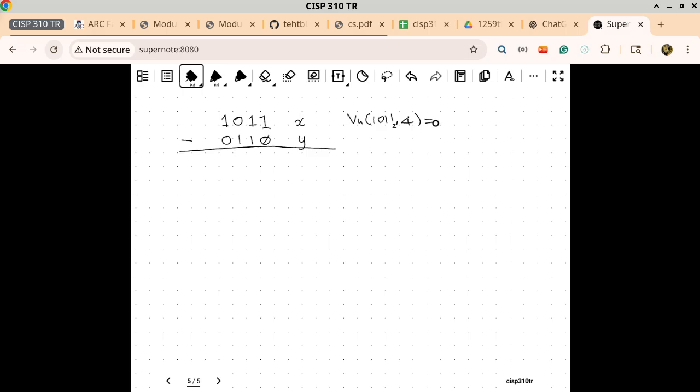So what is the answer here? It's 11. Very good, because it is 8 plus 2 plus 1, which is 11.